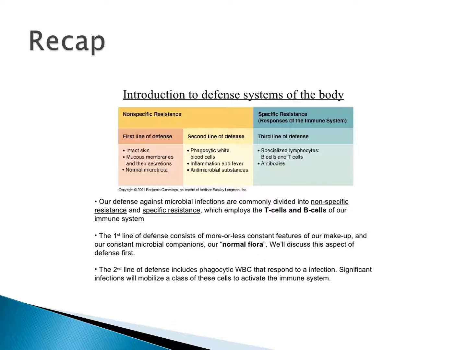We've talked about the third line of defense, which includes B cells, T cells, the superantigen that P. acne has that can cause hyperproliferation of the immune cells. And then we talked about antibodies and their ability to attach and block and basically adjust the immune system to food products and elements of the skin like P. acne.